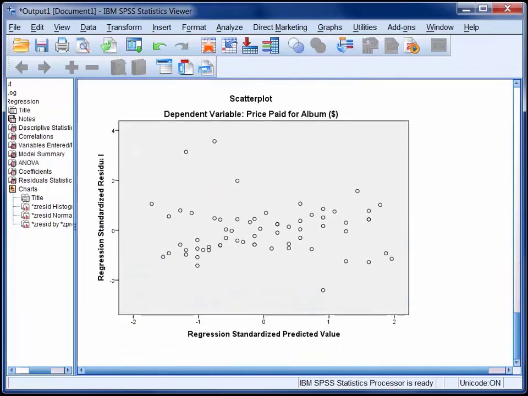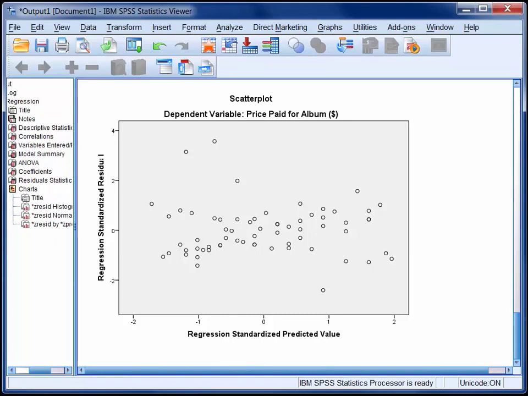Now, the last chart is a plot of standardized residuals against standardized predicted values, and it can be used to assess the assumptions of linearity and homoscedasticity of residuals. For a technical description of exactly what's being plotted here, please refer to some of the references in the StatHand app or website.